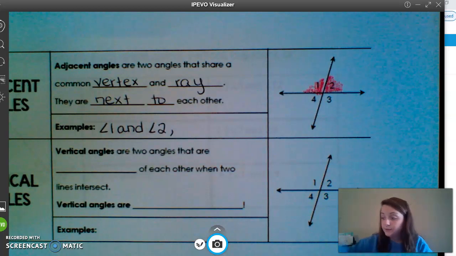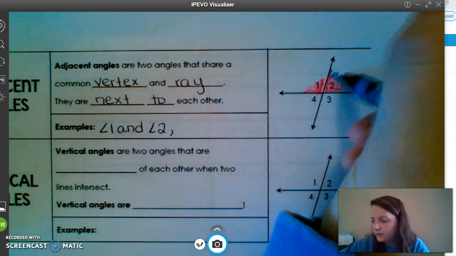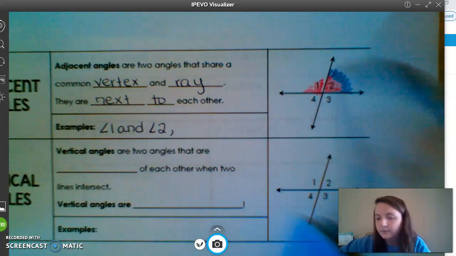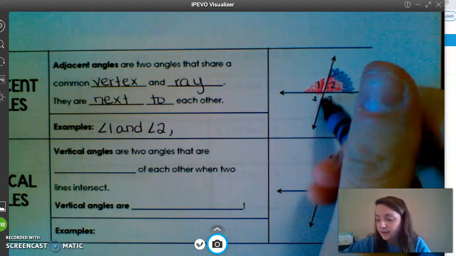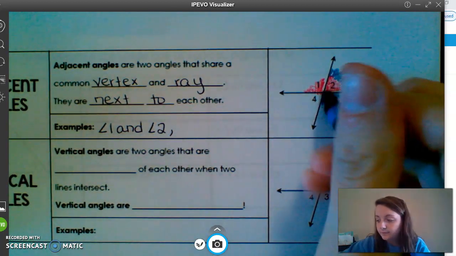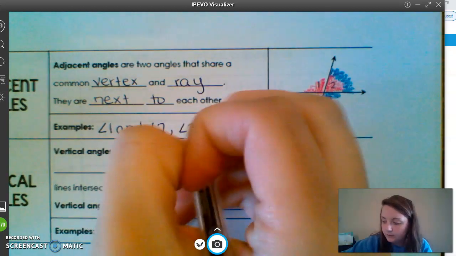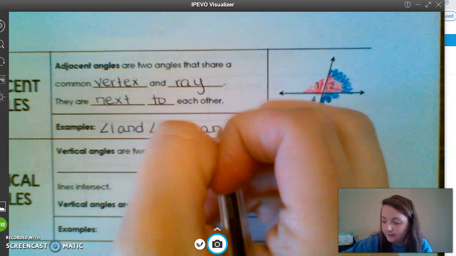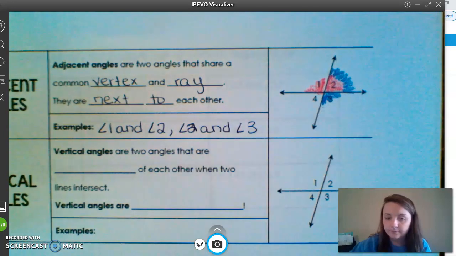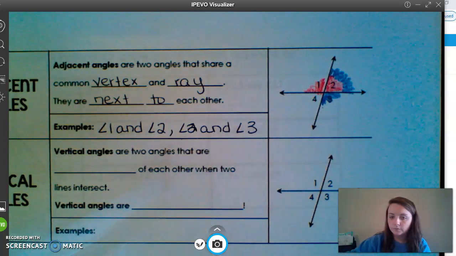Another example, if we're still talking about angle 2, well, what other angle is angle 2 beside? Angle 2 is also beside angle 3. So I could say angle 2 and angle 3. Remember, that's the angle symbol.